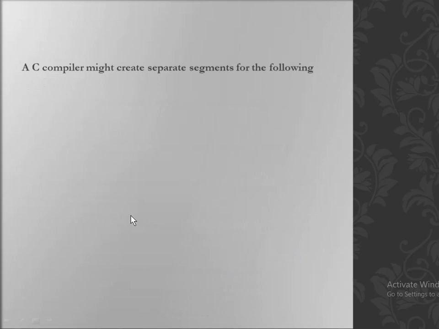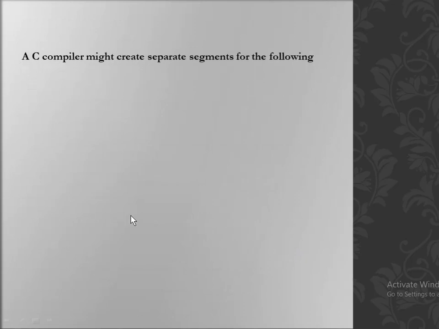Say for example you take any C program. The whole program will be stored in the code section, that is one block, and we group all global variables as a second segment.